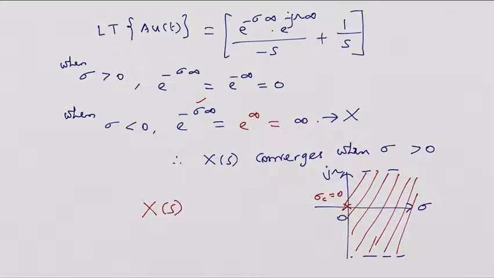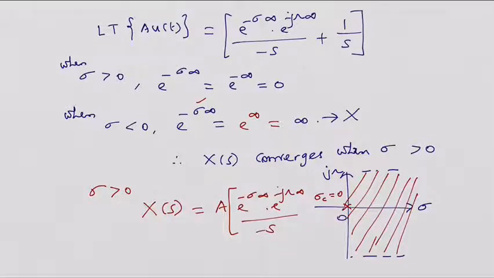So X of s, what is X of s? X of s is written as A into e power. When sigma is greater than 0, what happens? A into e power minus infinity becomes e power minus sigma into infinity, e power minus j omega into infinity, divided by s, isn't it?